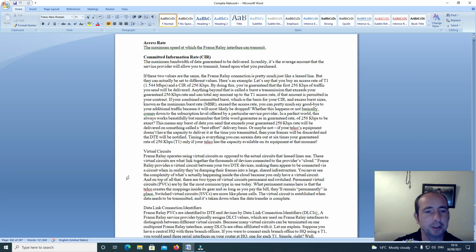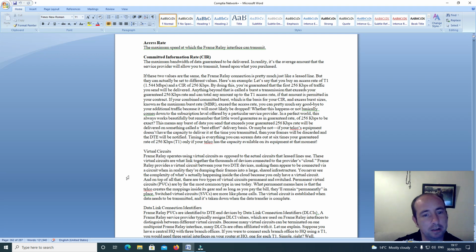Access rate, the maximum speed at which the frame relay interface can transmit. Committed information rate, CIR, the maximum bandwidth of data guaranteed to be delivered. In reality, it's the average amount that the service provider will allow you to transmit based upon what you purchased.